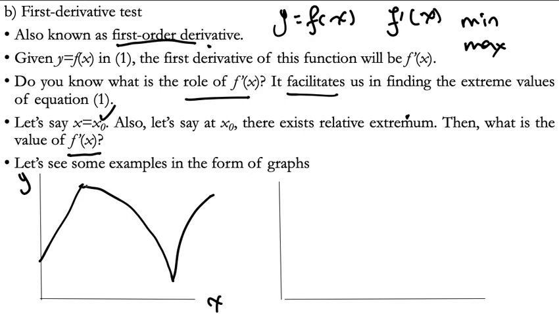So obviously here we have the maximum point, call it point A, and the minimum point, call it point B, isn't it? So these two points, A and B, are extreme values, but can we say that f prime x does not exist at these two points?